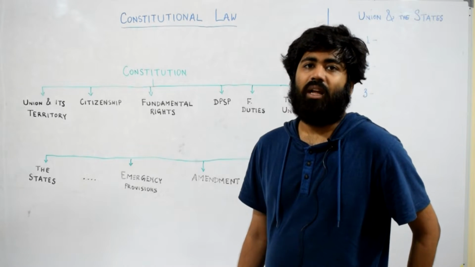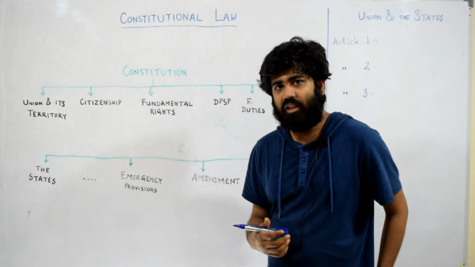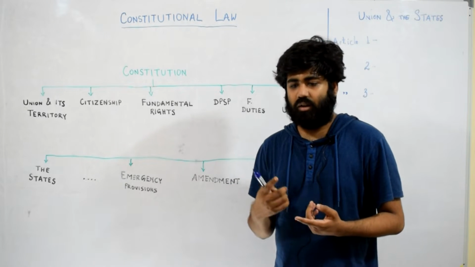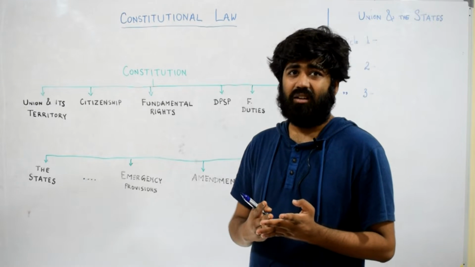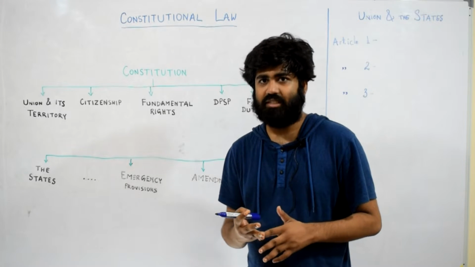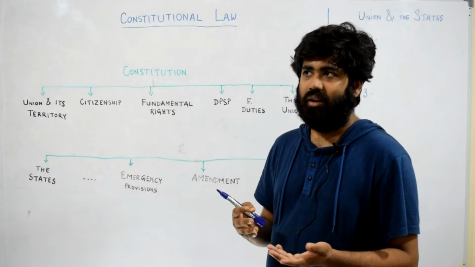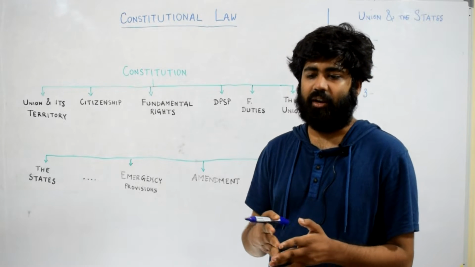This means that the Parliament has been given the powers to alter the name, boundaries, size of the states, create new states, merge two states to form a new state, and do as it may.